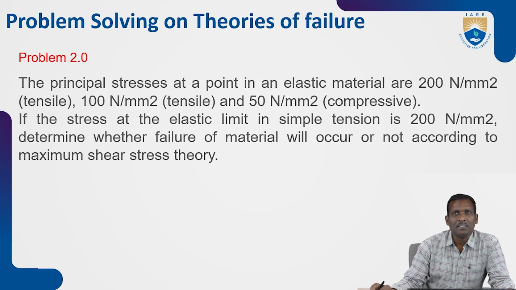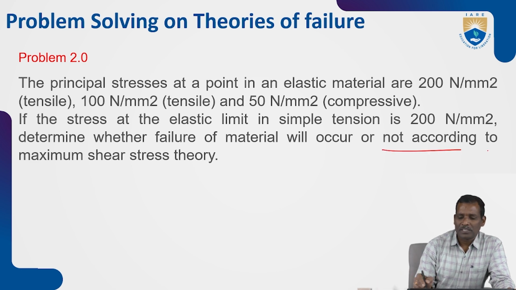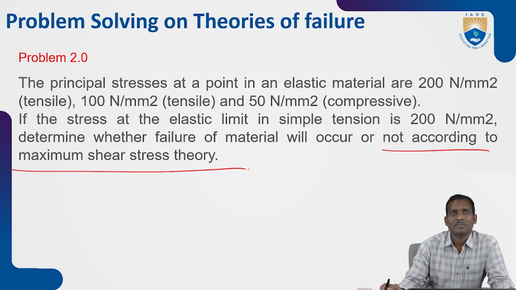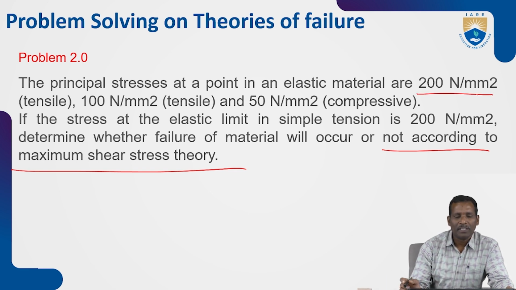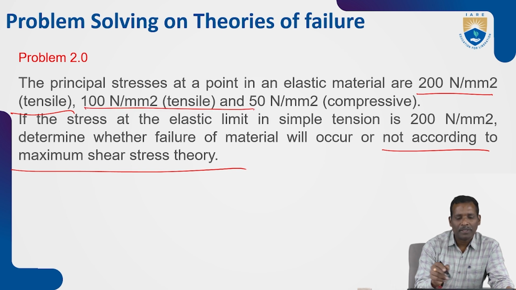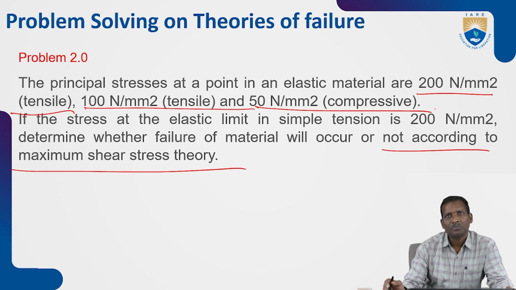Next theory is the maximum principal stress theory. The given problem is: the principal stresses at a point in an elastic material are 200 Newton per mm square tensile, 100 Newton per mm square tensile, and 50 Newton per mm square compressive.